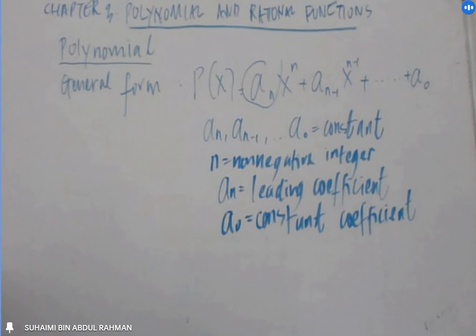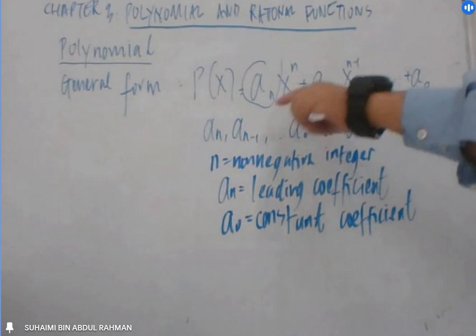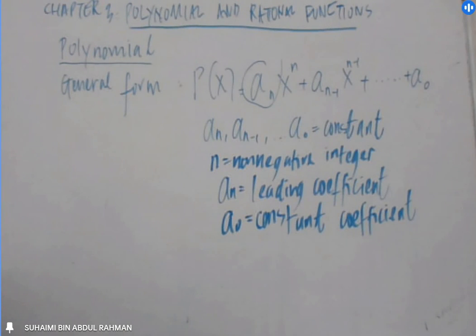Why constant? Because it will not change. That's the general form of polynomial functions. When we look at a function in this form, that function represents a polynomial. Easy. To know if it is a polynomial, it must fulfill these requirements.